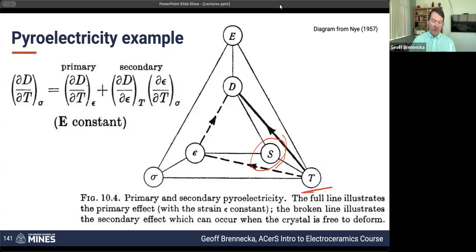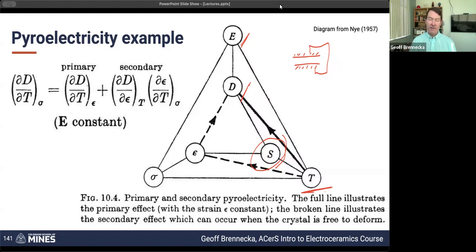So what about constant field versus constant polarization or constant displacement? The easiest way to maintain a constant field is for that field to be 0. So the easiest way to do that is that we short circuit the sample. If we have a sample that has electrodes on it and it's short circuited, we just tie those 2 electrodes together so that any charges that develop cancel each other out, and you end up with 0 field accumulated.